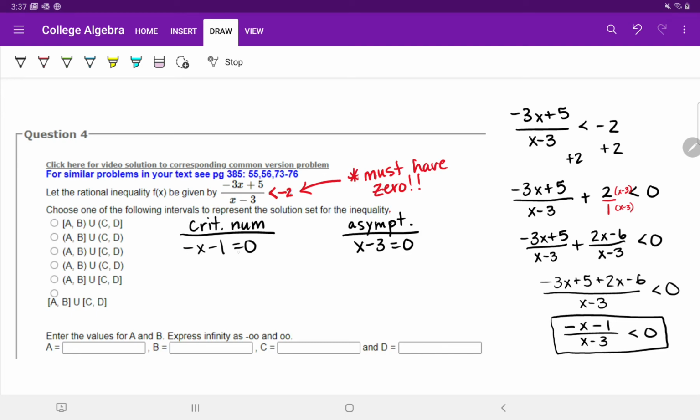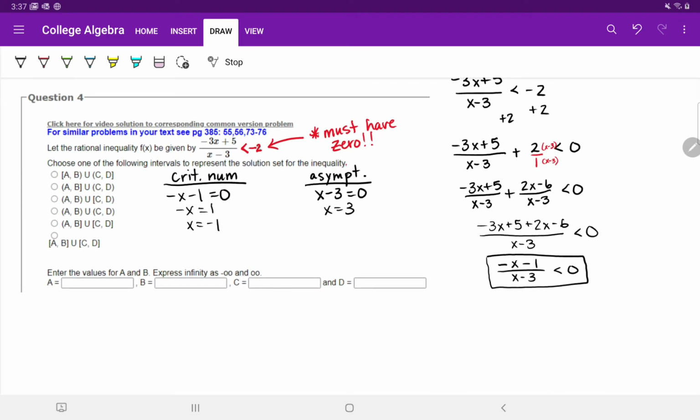To solve for x on our critical number side, we're going to add 1 to both sides, and then divide both sides by -1. And on the right, for the asymptotes, we're just going to add 3 to both sides. So we have a critical number and we have an asymptote.